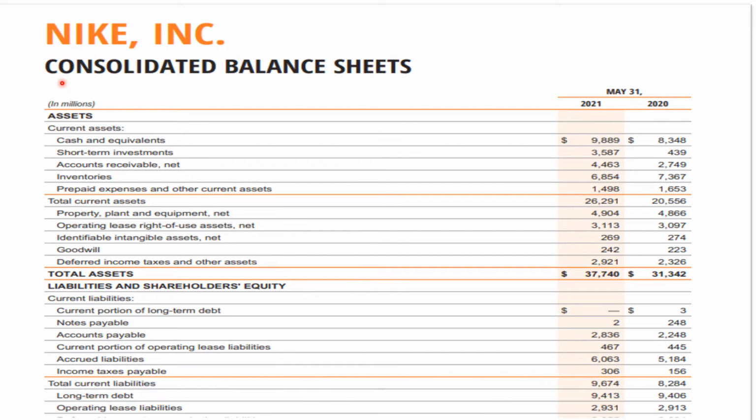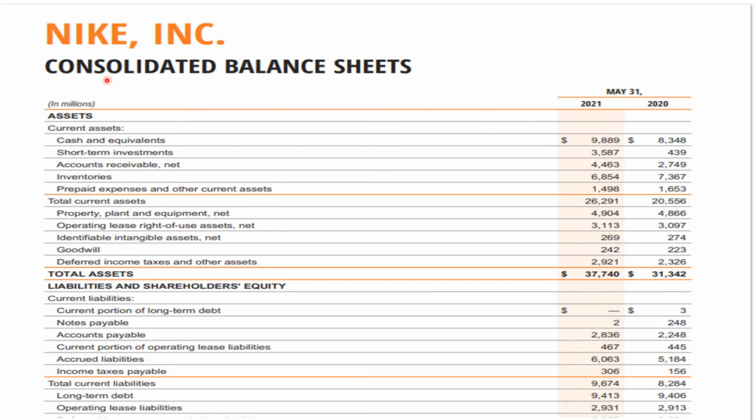IAS 1 also requires the company to show the reporting date. So in our example, May 31st is the end of the accounting period, and we have 2 years, 2020 and 2021. IAS 1 also requires the corporation to show the presentation currency, in this example, the US dollars, and finally, the rounding used in presenting the amount.